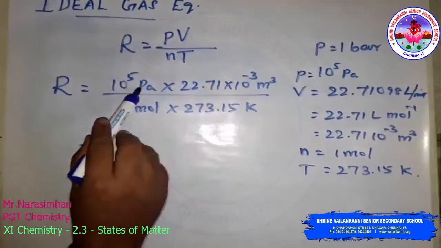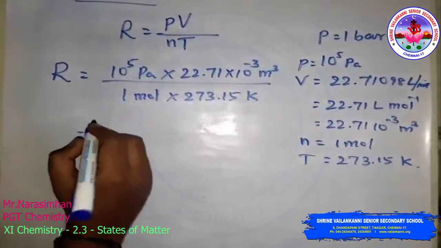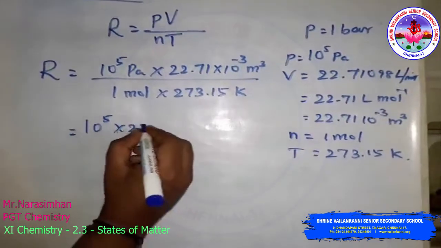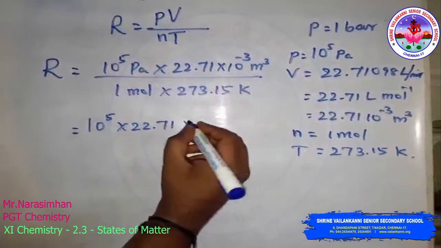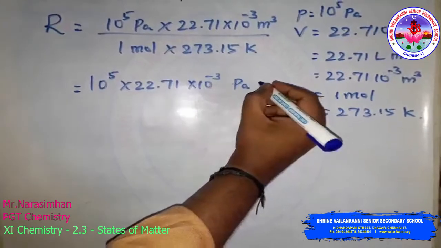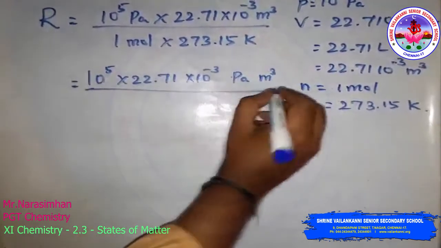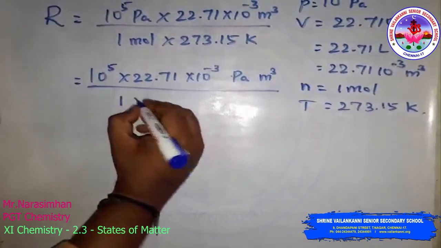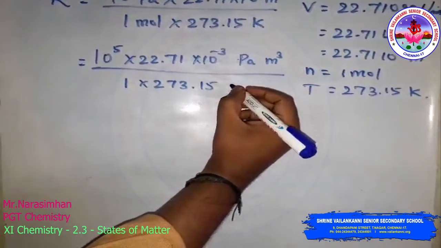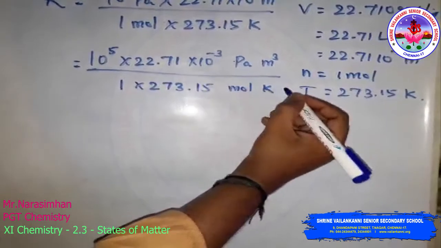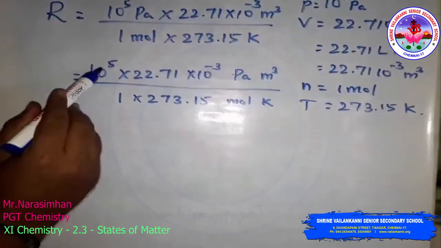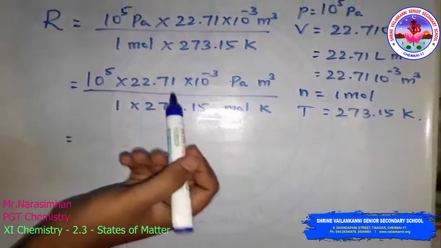Leave the units aside and first separate the numbers: 10 power 5, 22.71, 10 power minus 3, with units Pascal, meter cube, over 1 into 273.15, with units mole and Kelvin. Simplifying, 10 power 5 and 10 power minus 3 become 10 power 2.